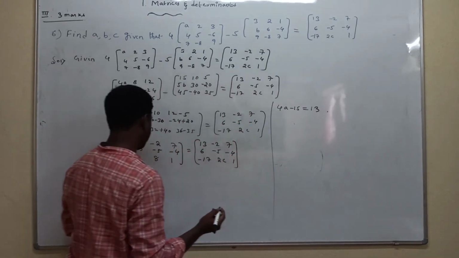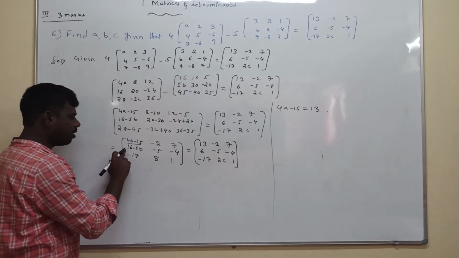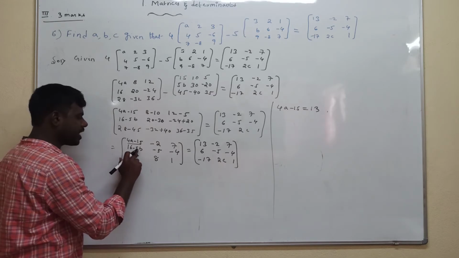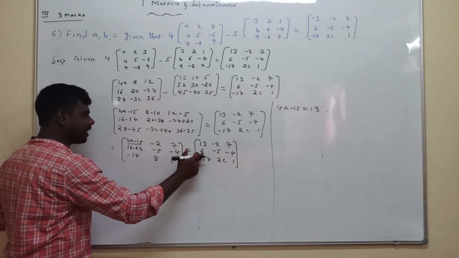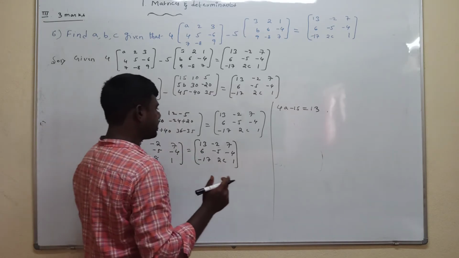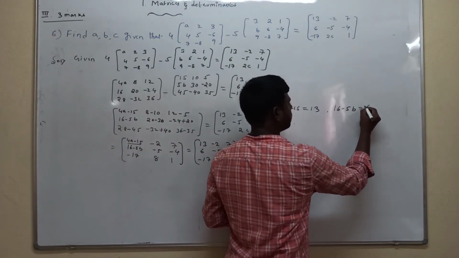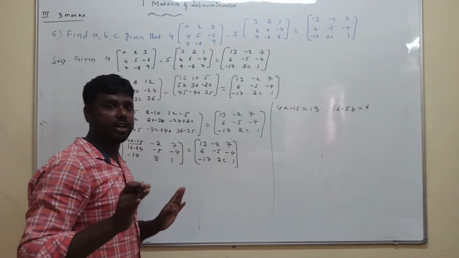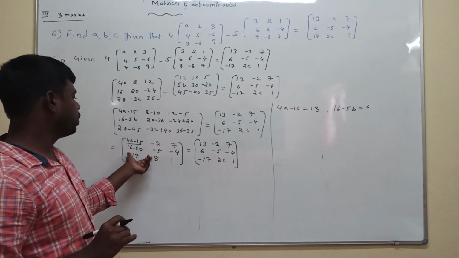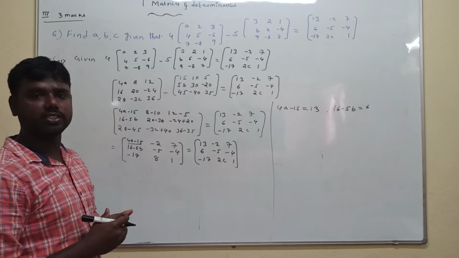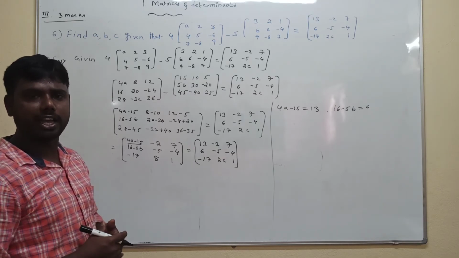Next is b, where is it? Second row, first column. 16 minus 5b is equal to the second row, first element, 6. Clear, students? Don't confuse. Since those two matrices are equal, corresponding elements are equal.